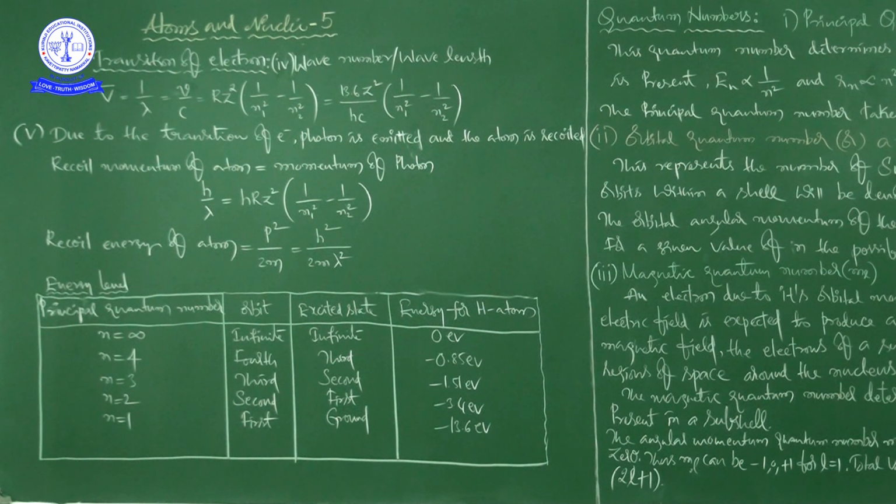Suppose you take n is equal to infinity as the principal quantum number, then the orbit is infinite, the excited state is also infinite, and the energy for hydrogen atom is 0 electron volt.